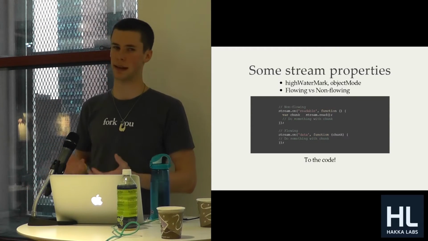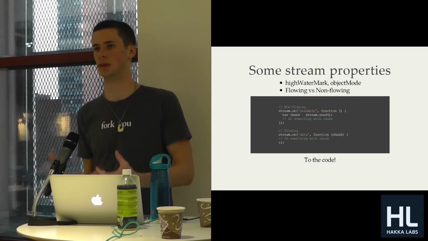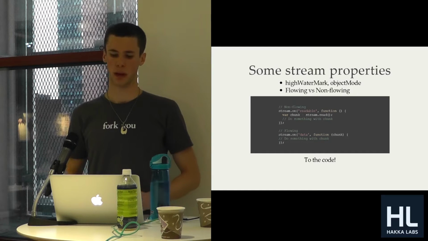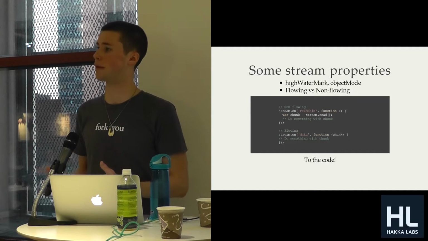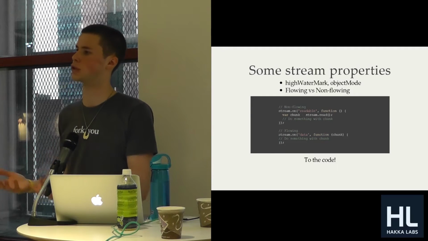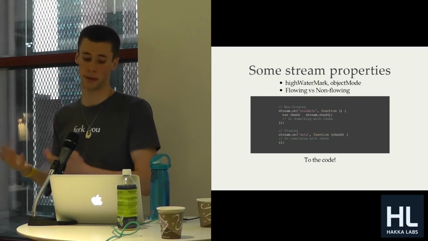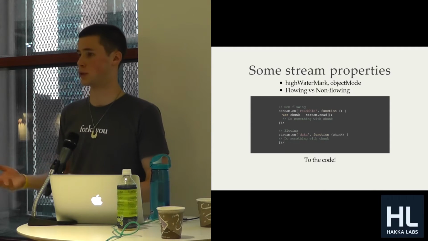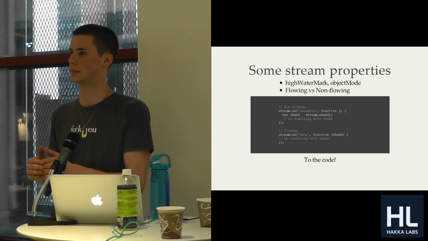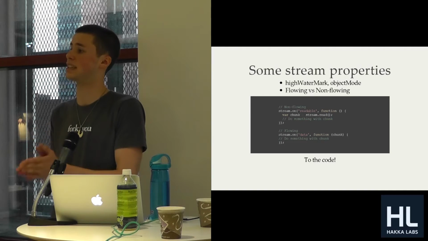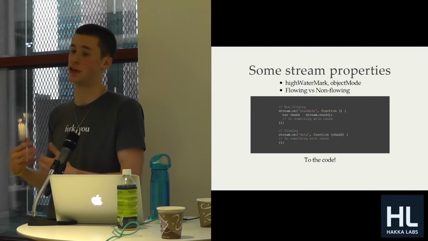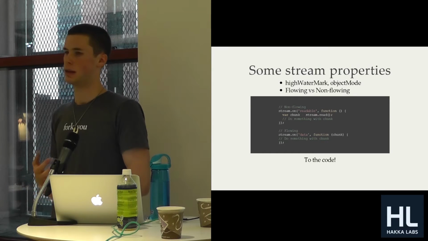That ended up being a little complex for people to handle, because you don't expect that. So now we have this internal buffering, and that's where the high watermark comes in. If you're creating a stream yourself, you can set this high watermark value to anything you want, and it dictates how much data should be buffered internally.